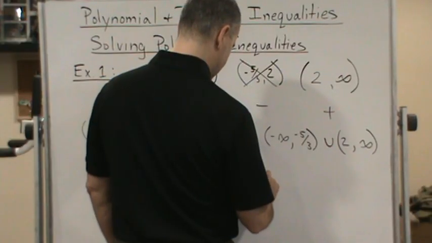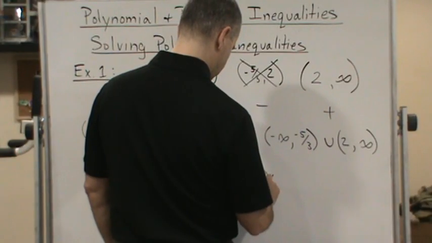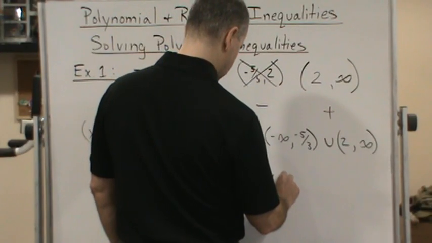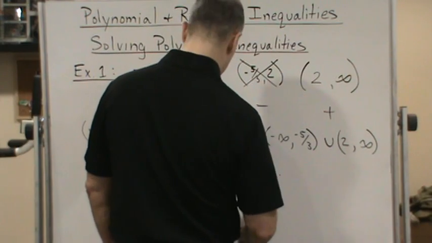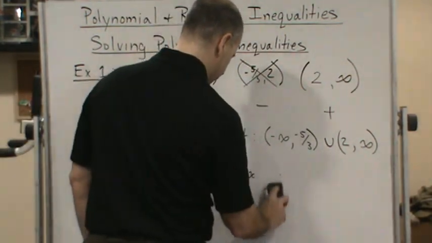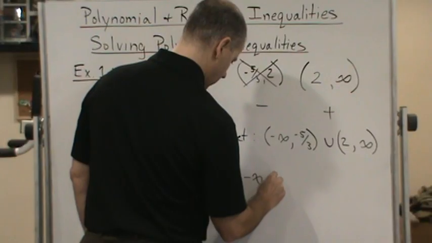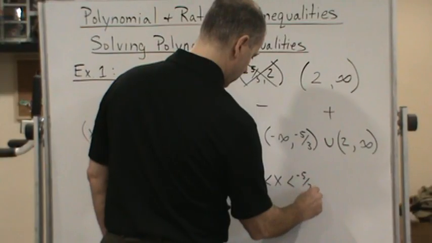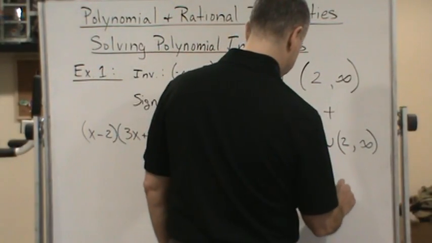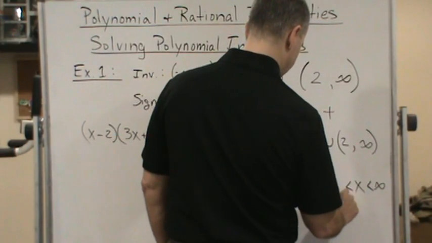Such that x is greater than negative infinity and less than negative 5/3, or x is less than positive infinity and greater than 2.